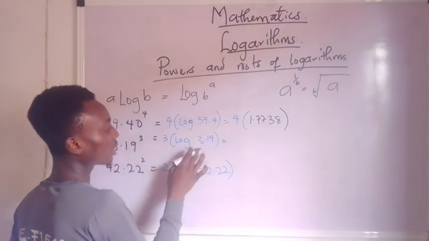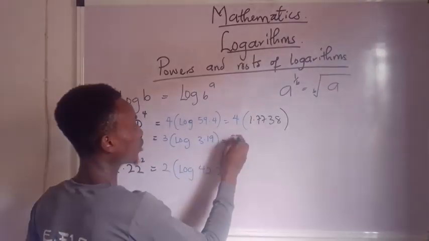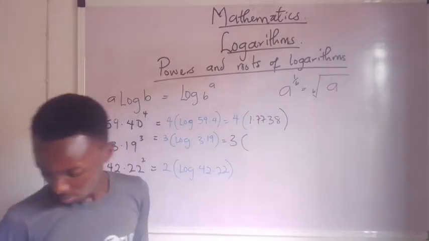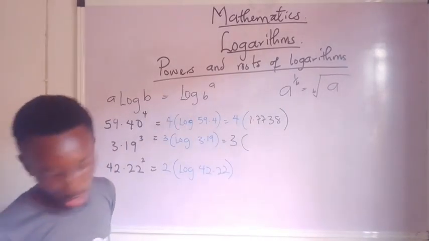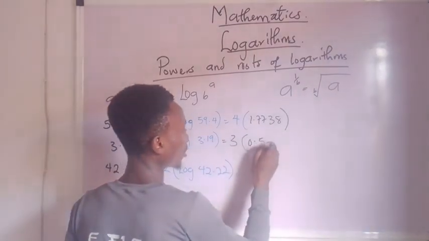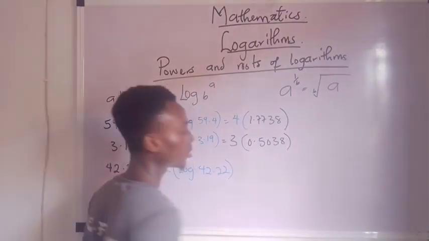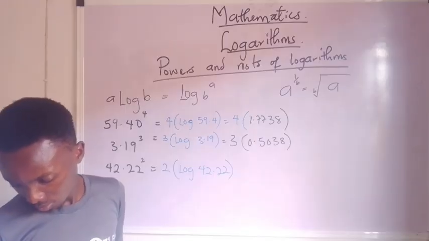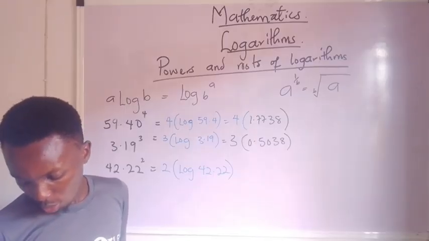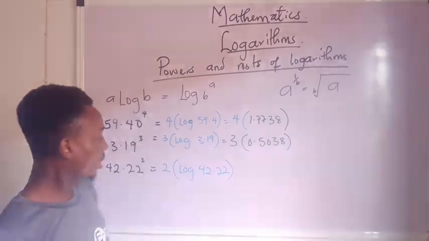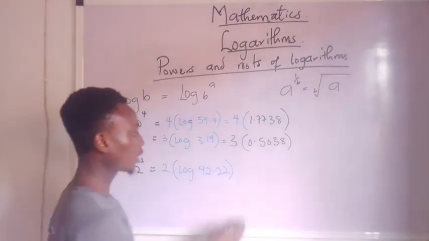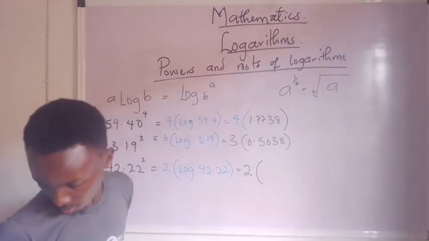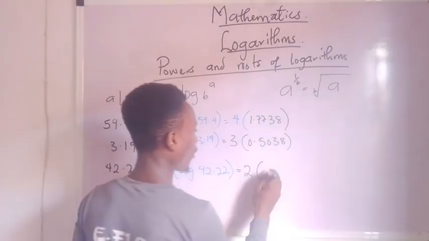While log 3.19 is 0.5038. And the third one, which is 42.22, is actually 1.6255.